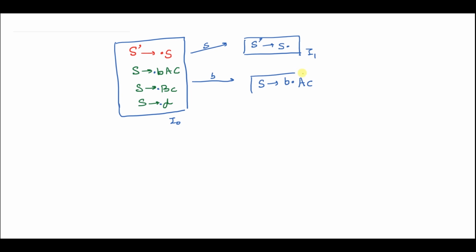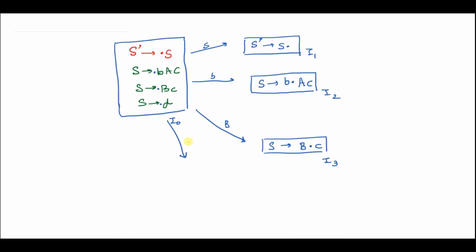Now I don't have productions for A, so I'll write it out as it is. So I2. On encountering B, S gives B dot C. Name this as I3. And on D, I go to S gives D dot. We will call this I4.